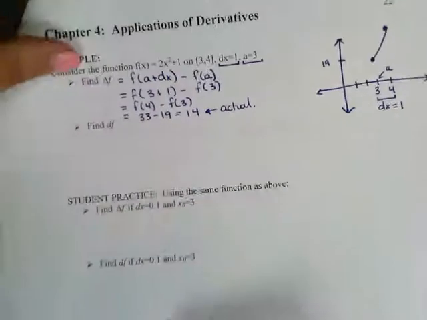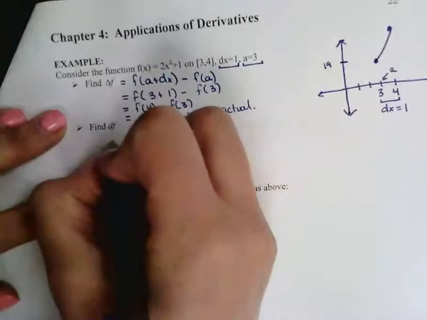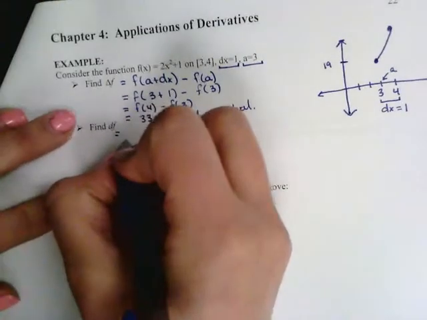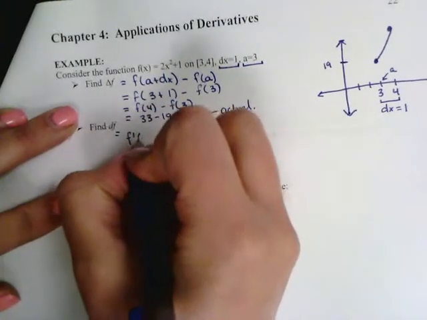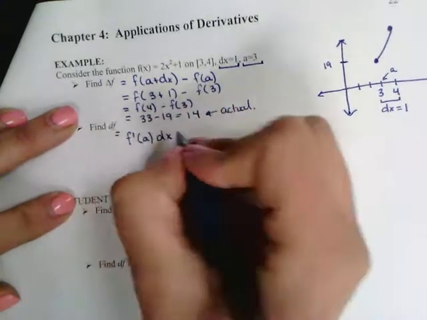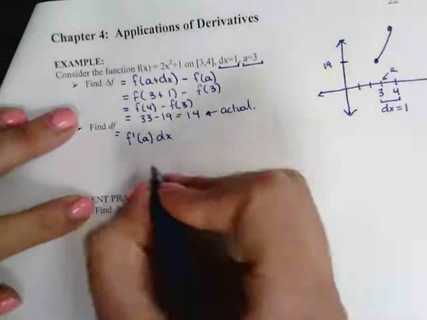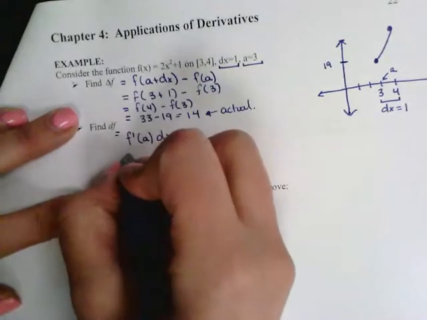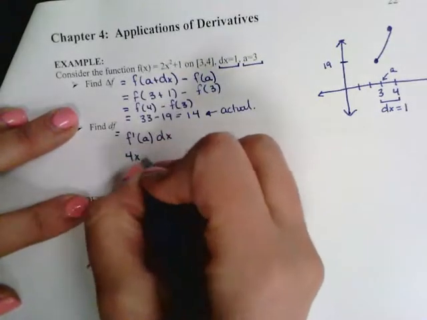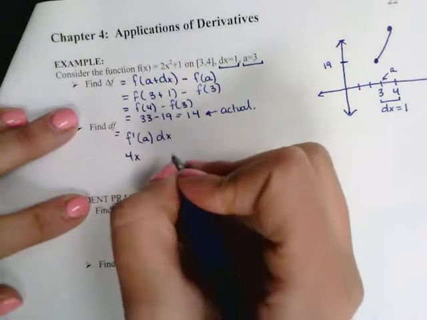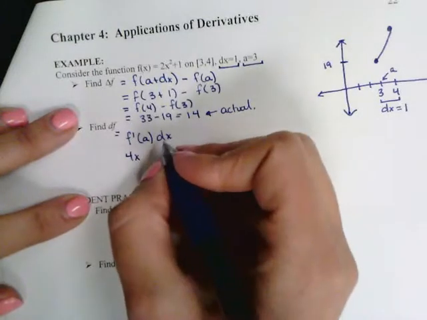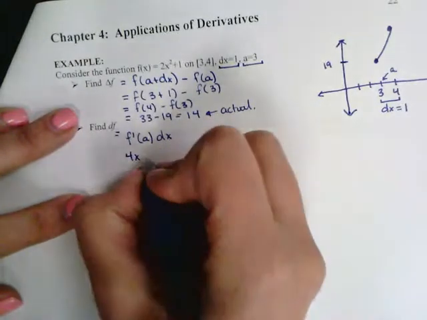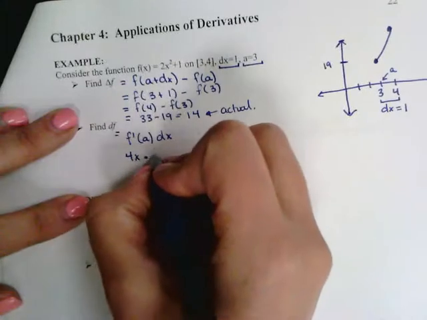Now finding df, what we're going to do is find f prime of a times dx. So we're going to find the derivative of the function, which is 4x, right? 4x times dx.